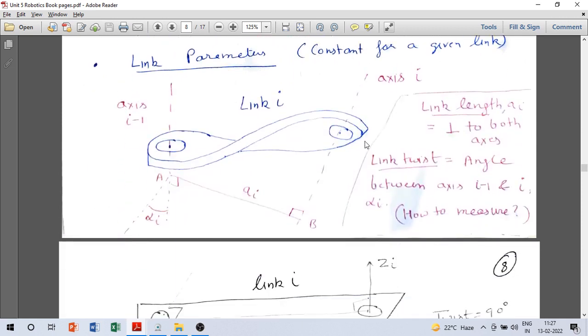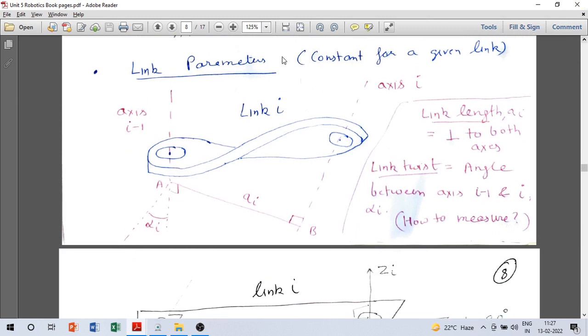Now first let us talk about what are called link parameters. Link parameters are constant for a given link. They don't change. This figure is not very clear here; it will be clear in your notes, but in the recording it may not be so clear. Here you see a twisted link, and you can think of it as having two revolute pairs.